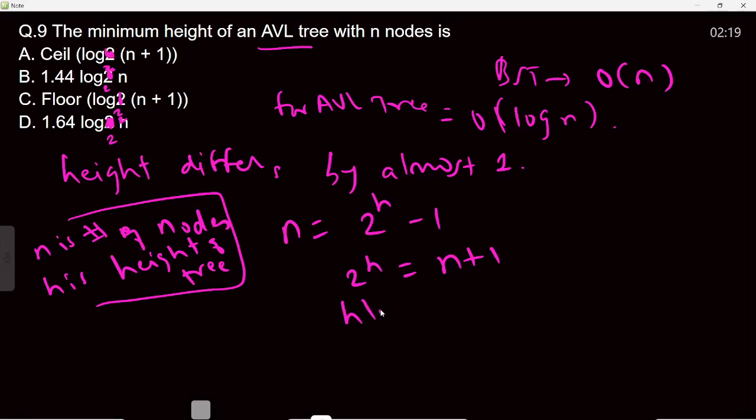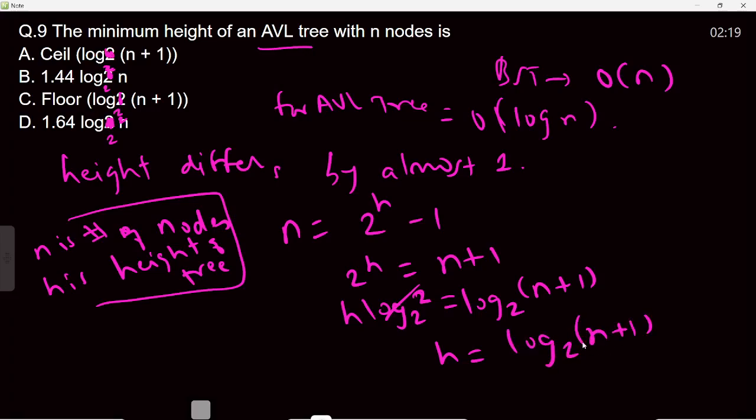What will be the log? Log 2 raised to power h equal to log 2 of n plus 1. So this will become 1. So h is equals to log 2 of n plus 1. Let's see the option. So there are two options, that is floor and ceiling.